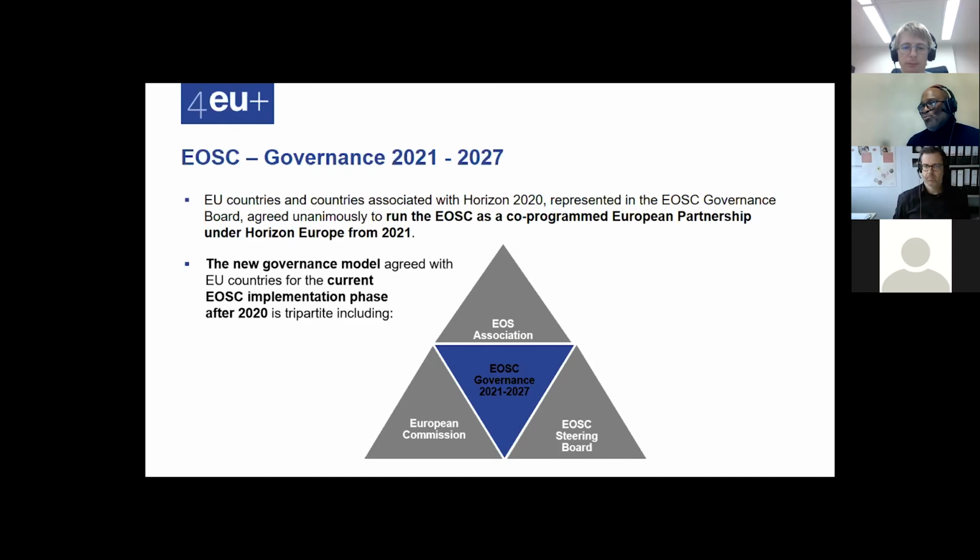Again, I won't go so deeply into it. It's just to give researchers an understanding of the catalog and marketplace and the services that are available on the catalog and marketplace via the Open Science Cloud portal.